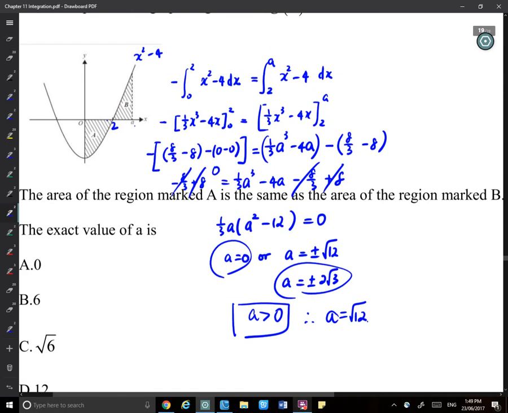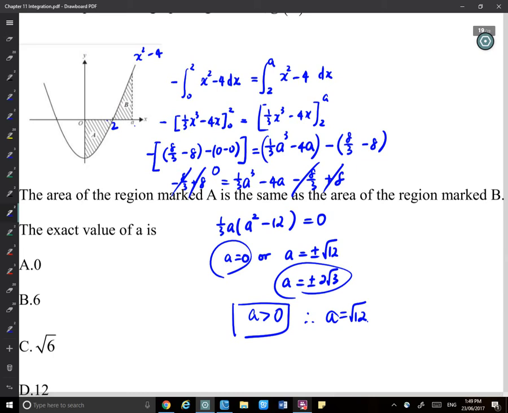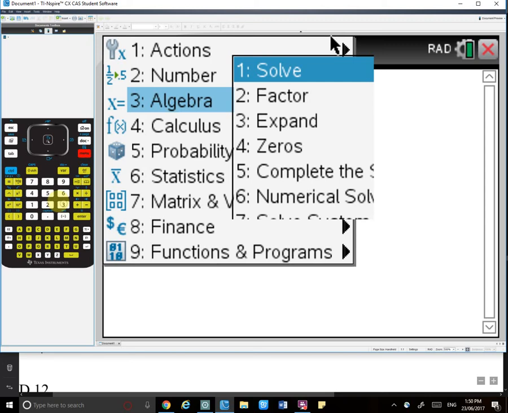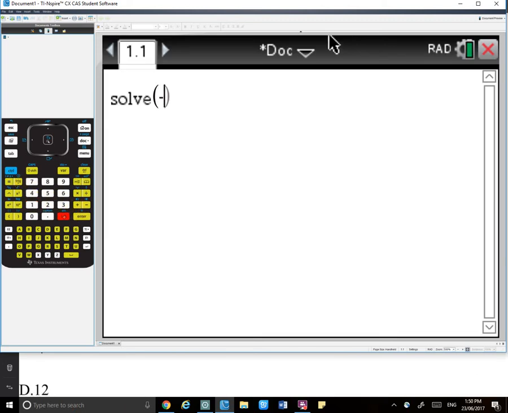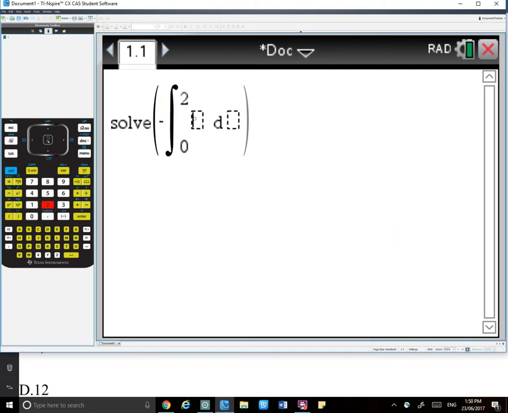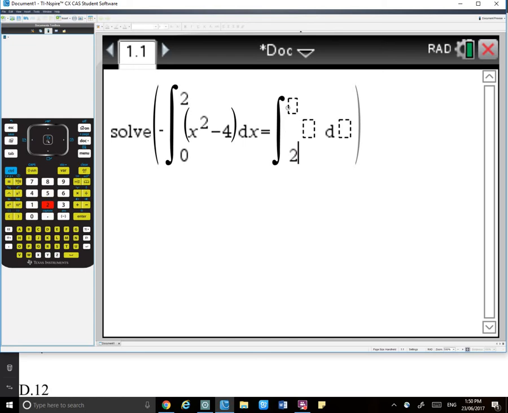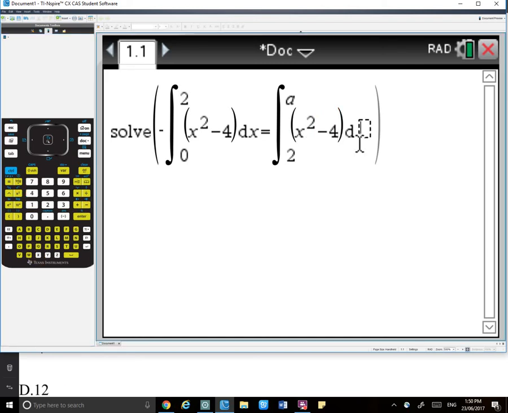That's just a solving question. Or you can use your CAS to solve it directly. How can we do that? Menu 3.1. Minus integral from 0 to 2 of x squared minus 4 dx equals the integral from 2 to a of x squared minus 4 dx.